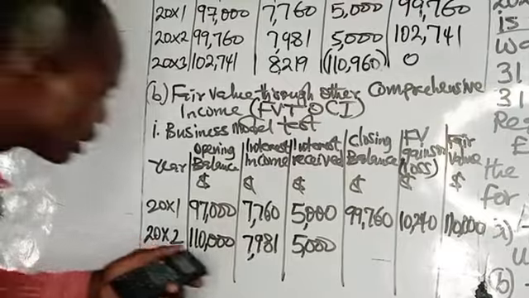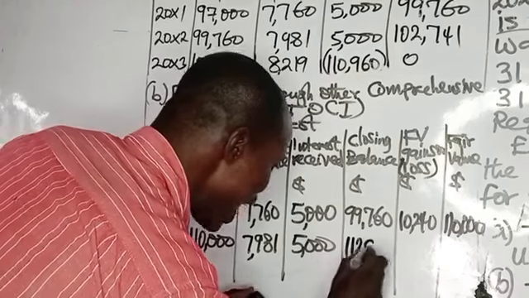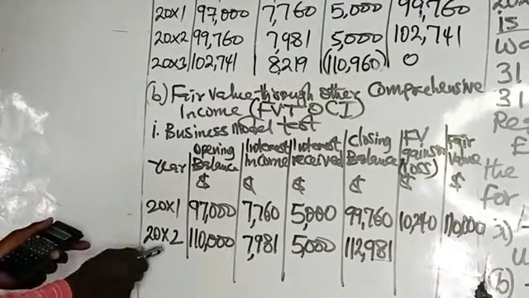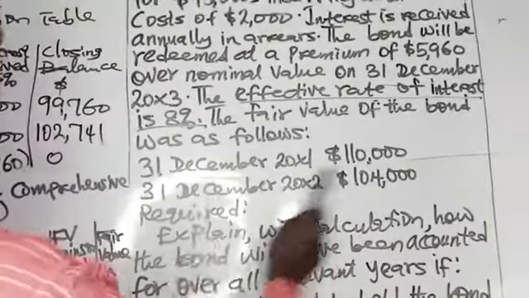Then you'll be left with 112,981. How much is the fair value at the end of 20X2? The fair value is 104,000.